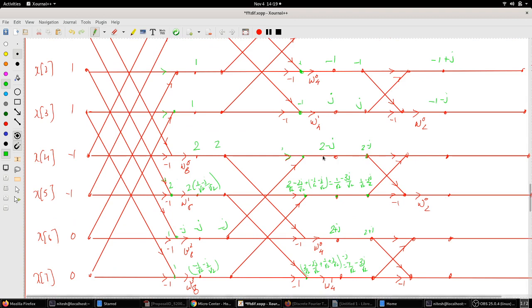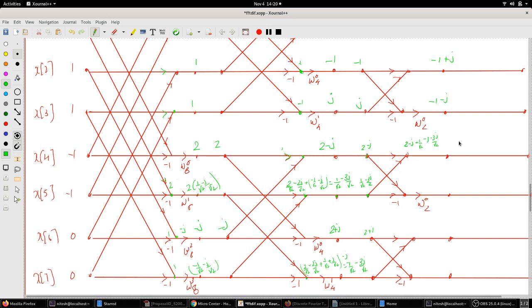Now this side is 2 minus j, this side is 2 minus j plus 1 by root 2, okay, plus 1 by root 2 minus j minus 3j by root 2. This is what you get, okay, minus j minus 3j by root 2.